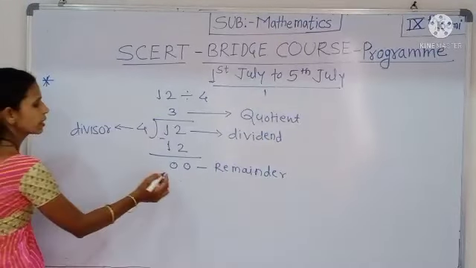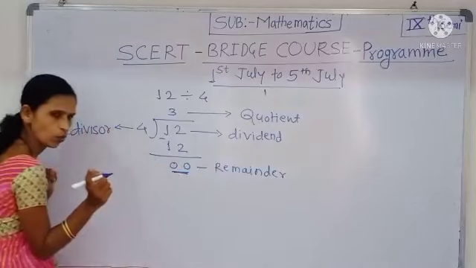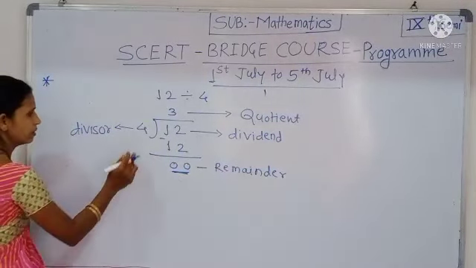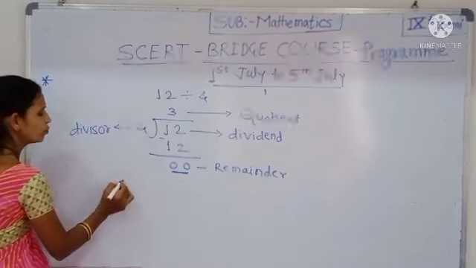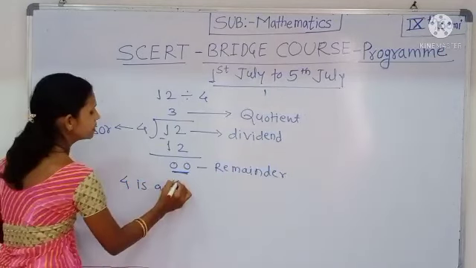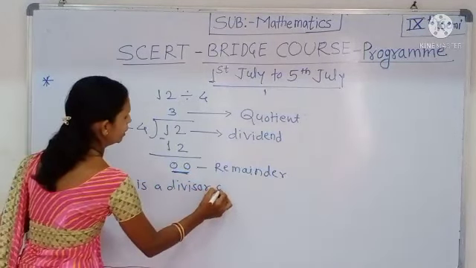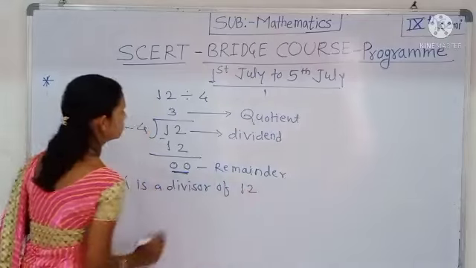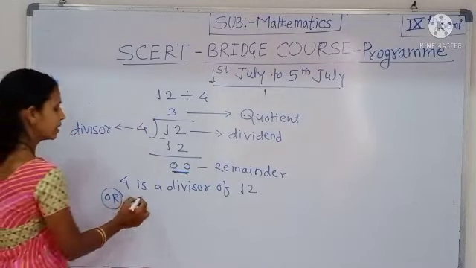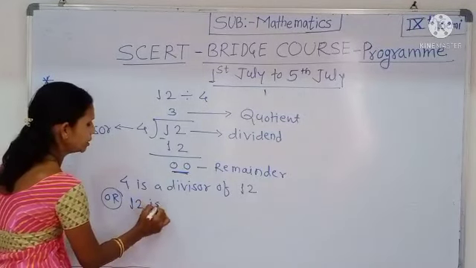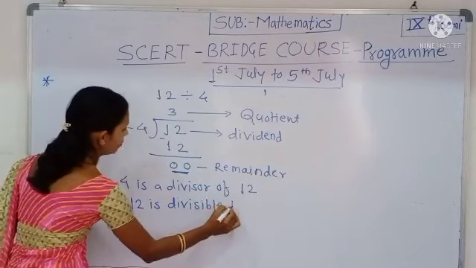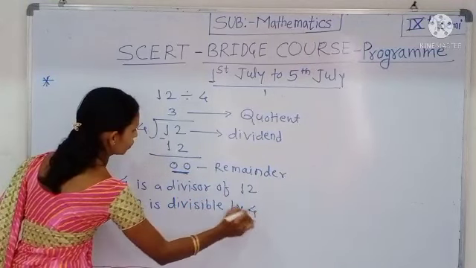Then here when the remainder is 0, we can say that 4 is a divisor of 12, or also we can say that 12 is divisible by 4.